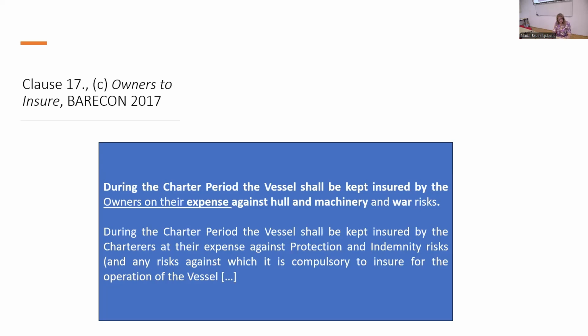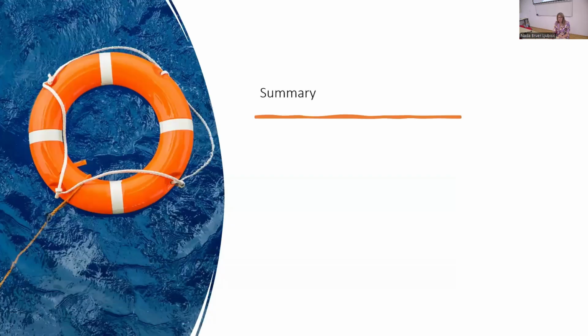These provisions B and C are, as I said, alternatives, and their application is agreed by the parties in the first part of the contract form. But it's interesting that in this case, it is the charterer's obligation to pay for protection and indemnity risks.